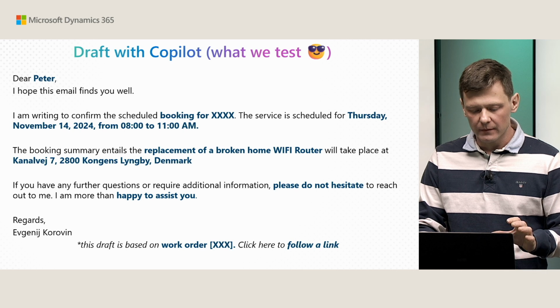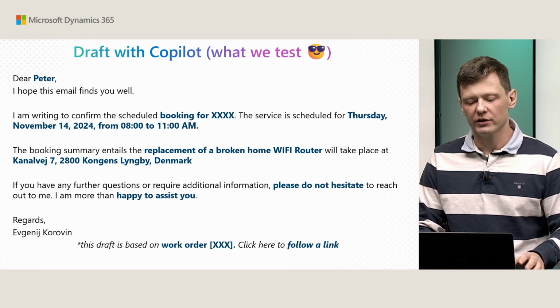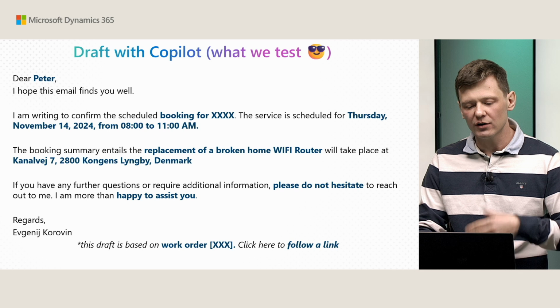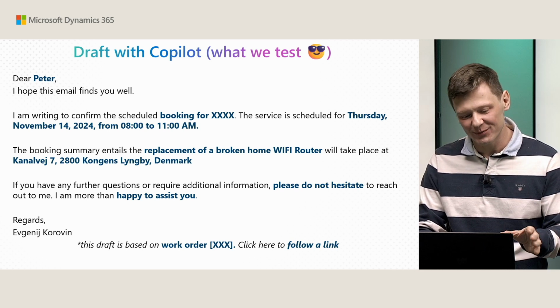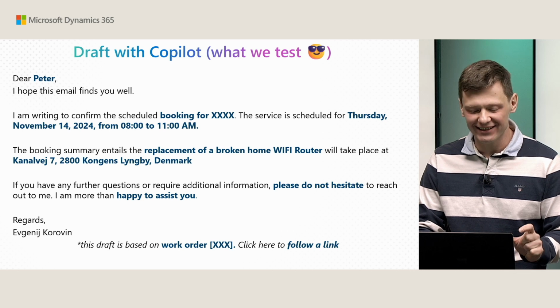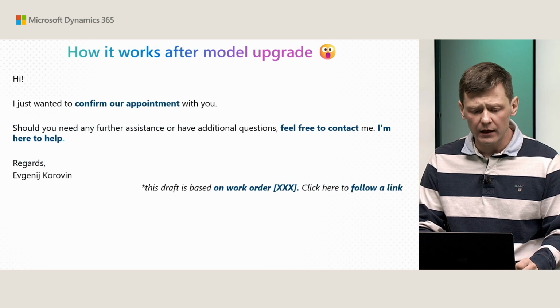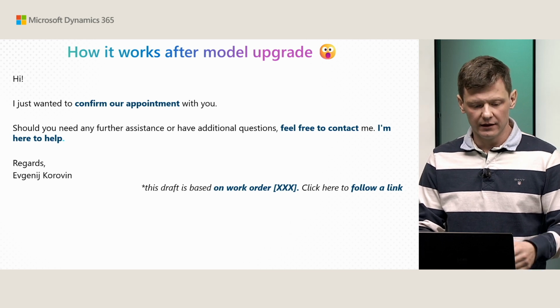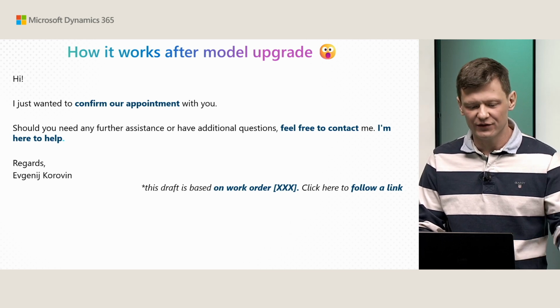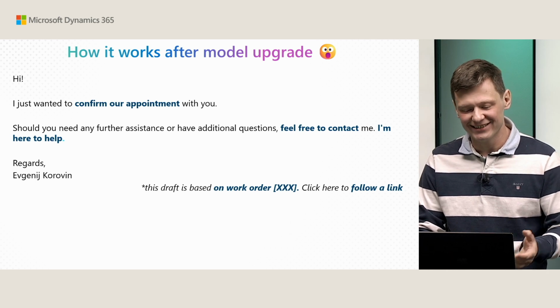So it was all great and working fine on Friday. And then over the weekend, as of Monday, suddenly that feature, that prompt, started to behave a little bit differently. And the emails we start seeing look like this. Hi, I just want to confirm the appointment. Should you have any assistance, please reach out.